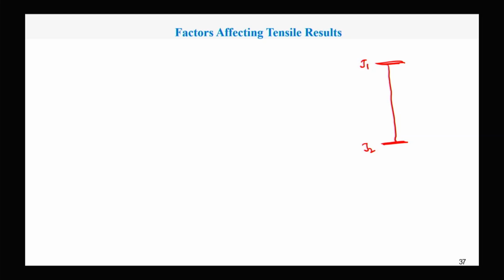For the same material, one can change the result by changing different factors. If we take a different material, the test result will be different, but for the same material, the result can also be changed.